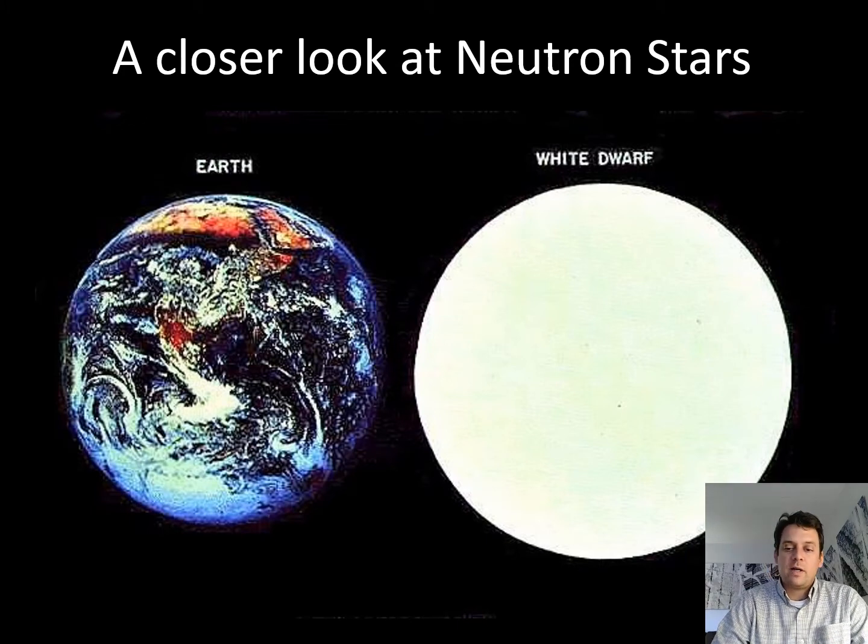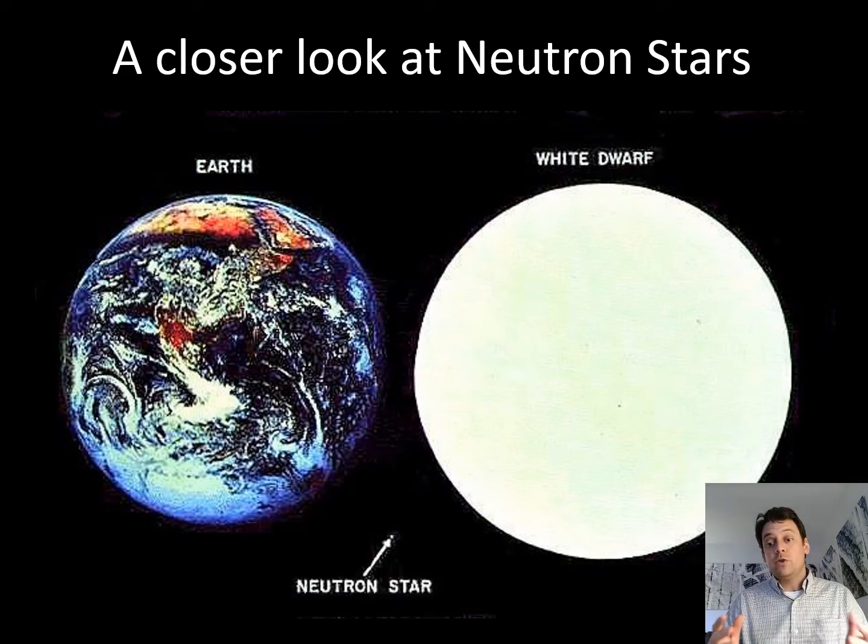So a white dwarf has roughly half the mass of the Sun, say up to the Chandrasekhar limit of 1.4 solar masses, so no more massive than that, and it's roughly the size of the Earth. Obviously a lot more dense than anything that we interact with on a daily basis. Well, a neutron star takes it to a whole other level.